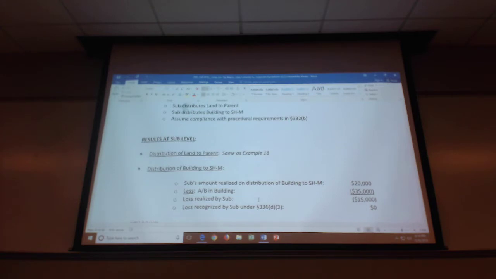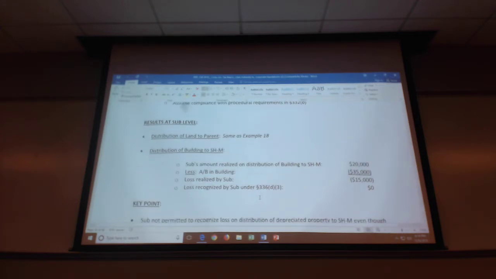Well, normally under the general rule of 336(a), when a corporation liquidates, gain or loss shall be recognized. Period, end of discussion, subject to exceptions, the 3 convoluted exceptions we discussed earlier today.